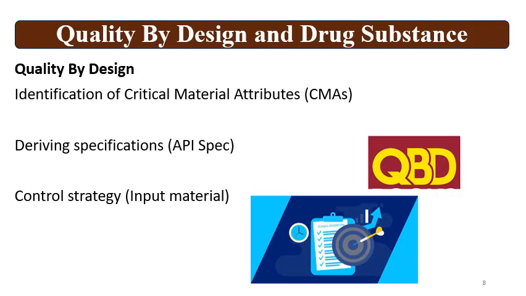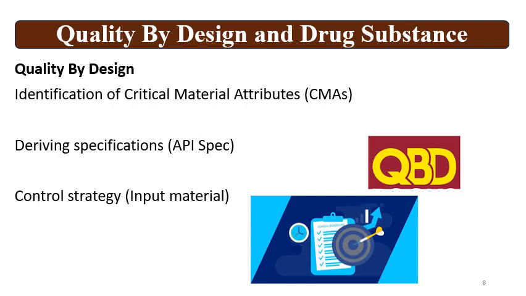Then coming to quality by design and the drug substance properties. Once you understand your drug substance and its properties and its impact on the formulation, then you can derive the critical material attributes, those are CMAs.